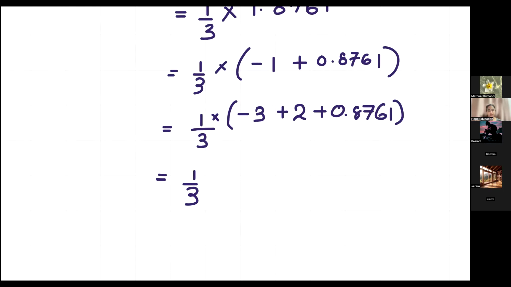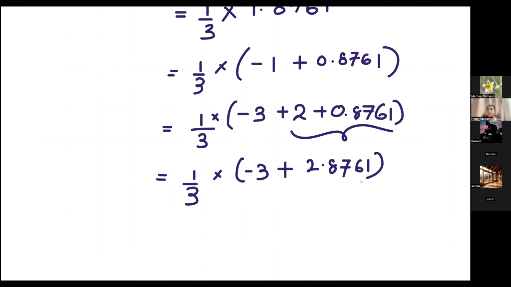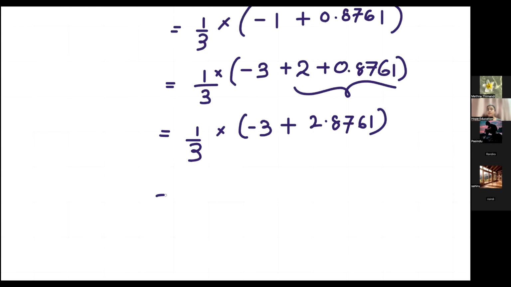Then I combine these and write bar 3 point, 2.8761. Now let's divide, because now it's so much easier, no? -3 divided by 3 is -1. Then 2.8761 I have to divide by 3.